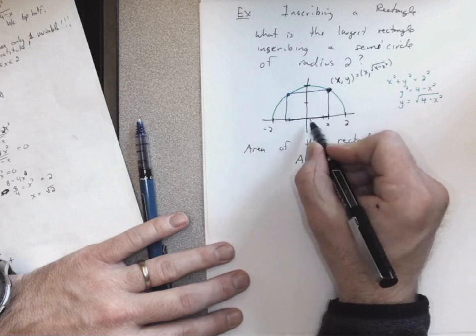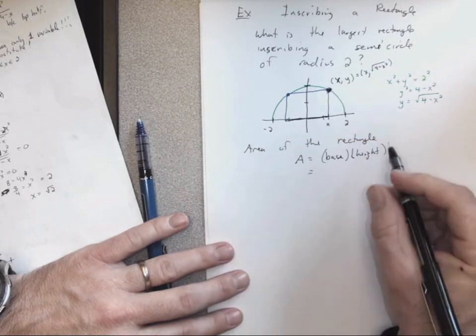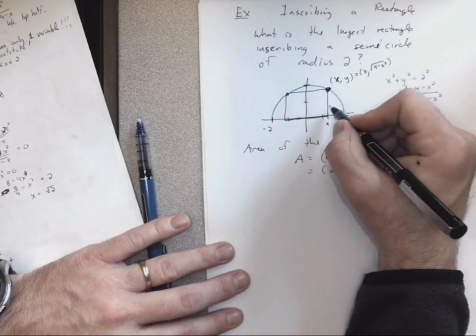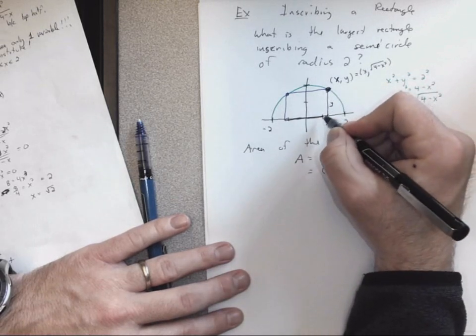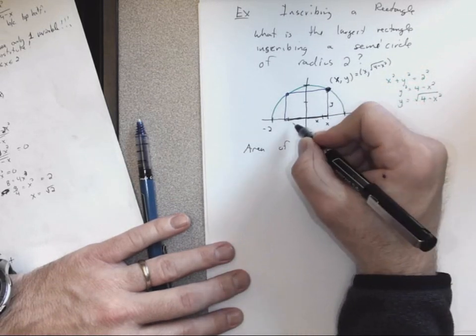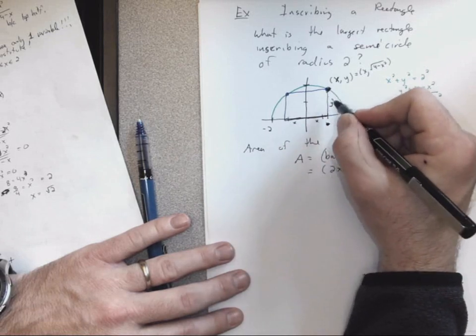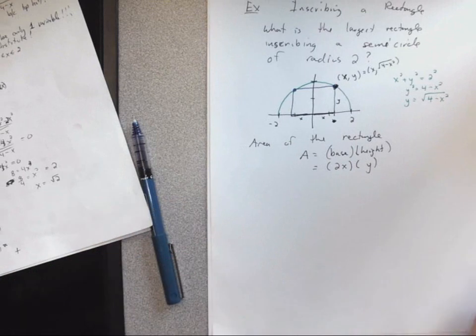In order to get the entire base, I need x, and then I also need another x. So the base is 2x. And the height is y, this is our y value. So this is x, and this is x, that's why we get 2x, and this is y, so the height is just y.